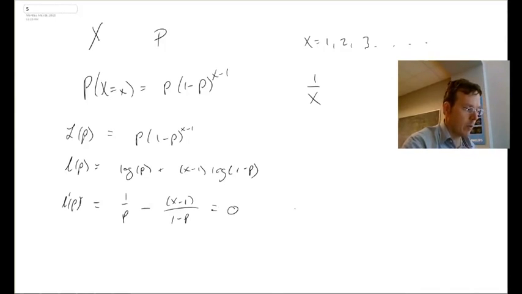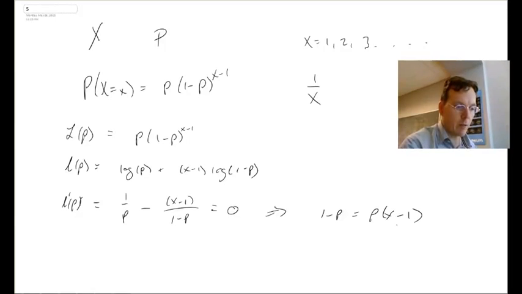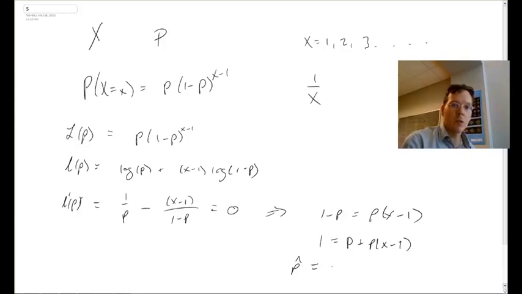What we get then is 1 minus p is equal to p times x minus 1, and we want to solve that for p. So that is 1 equals p plus p times x minus 1, and if you continue to solve that for p hat, you get 1 over x, just exactly like we knew had to happen, which is interesting.